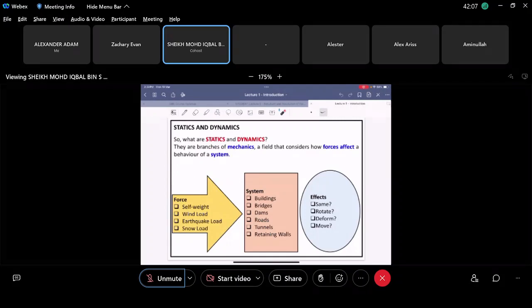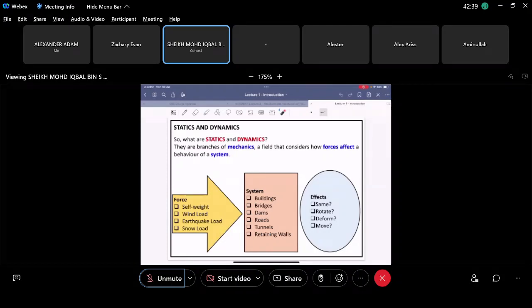For example, earthquake load applied to bridges. We will want to see if the bridge rotates, does it deform, does it move, does it behave the same? Basically observing the behavior of the system. Same thing with snow load, you apply it on buildings, you apply it on bridges. You want to observe the behavior of these buildings and bridges to see how they behave when we apply those forces. So that's about it.